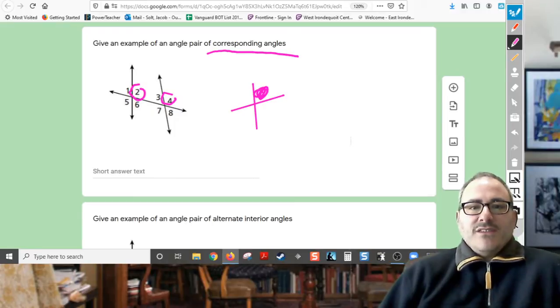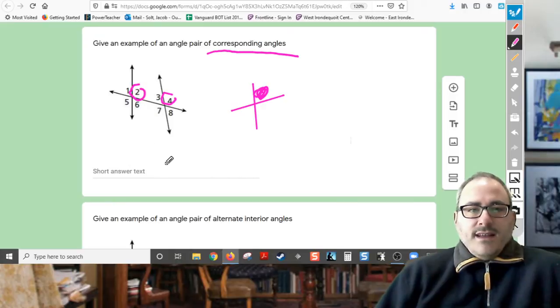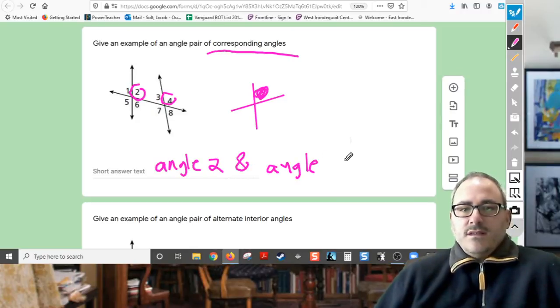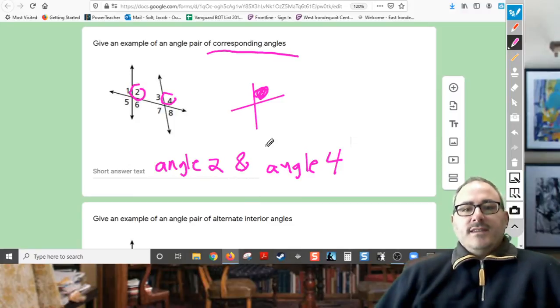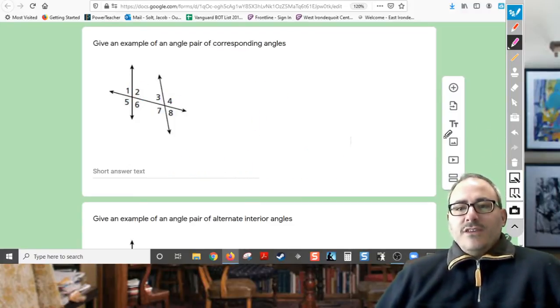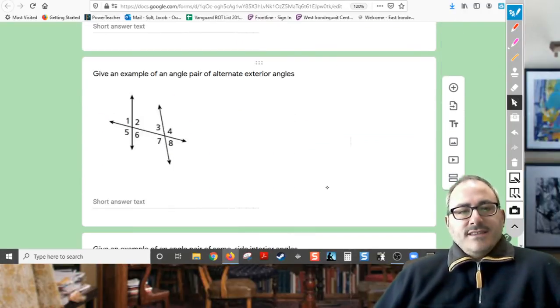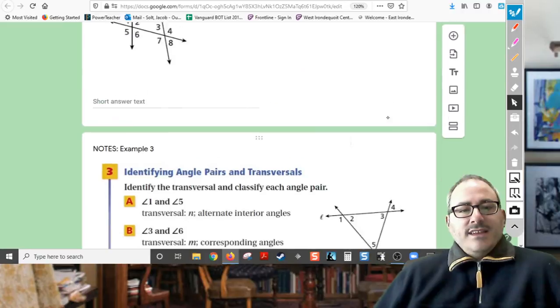They're corresponding. They're in the same upper right-hand corner. So I'm going to write angle 2 and angle 4. All right? That's what I'd write in there. I see that they're corresponding. And that's what I want you to do for these next ones. Give these a shot.